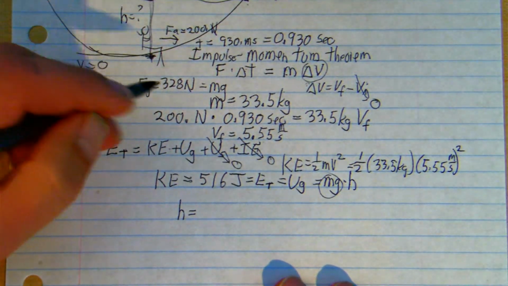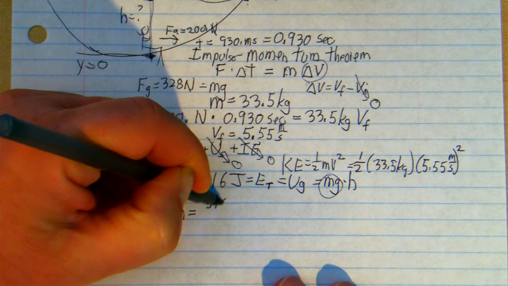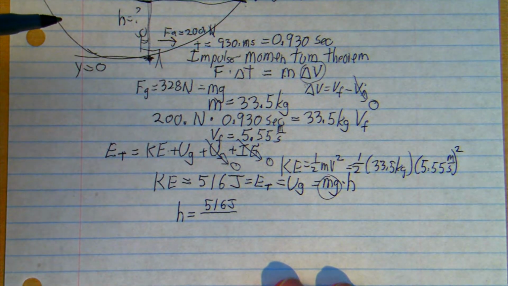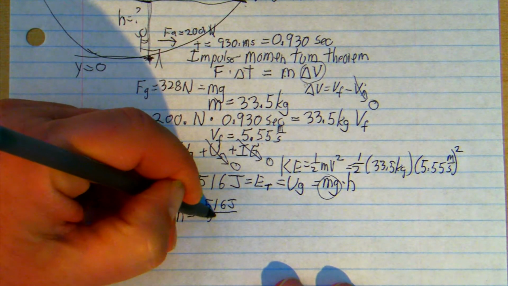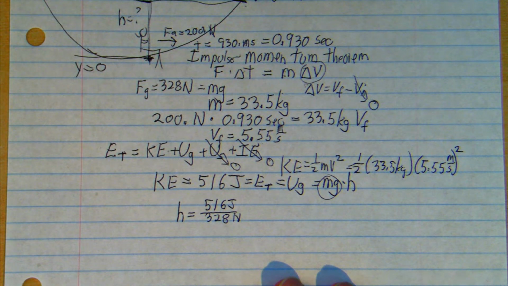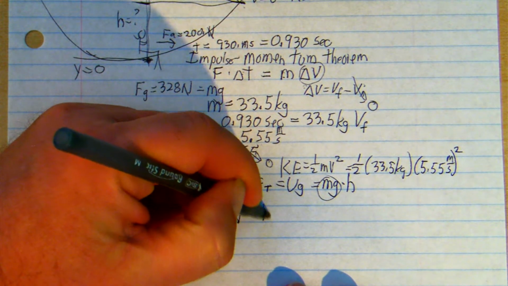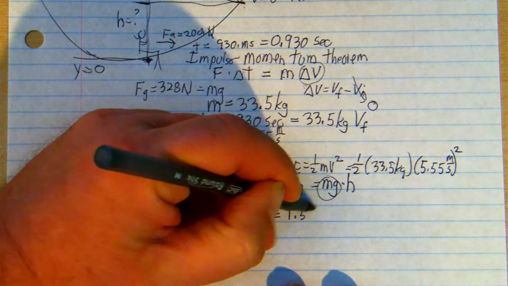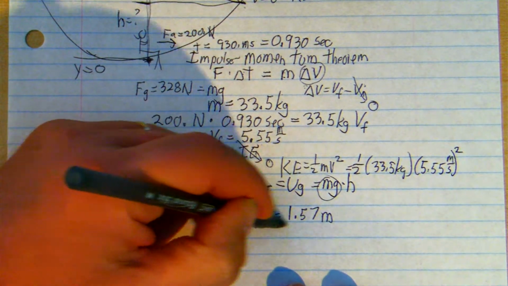The height is going to be 516 joules divided by her weight of 328 newtons. Beep, beep, beep. She reaches a final height of 1.57 meters.